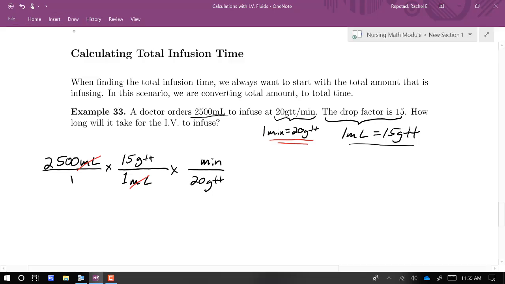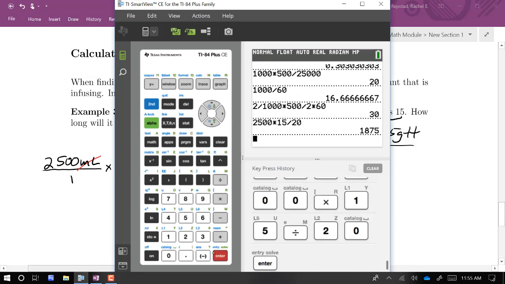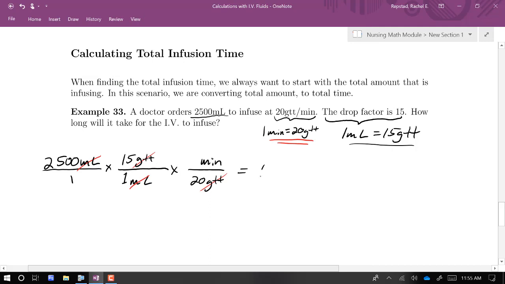This will give me the total number of minutes. Now let's find the total number of minutes here. So I have 2,500 times 15 divided by 20. I get 1875.